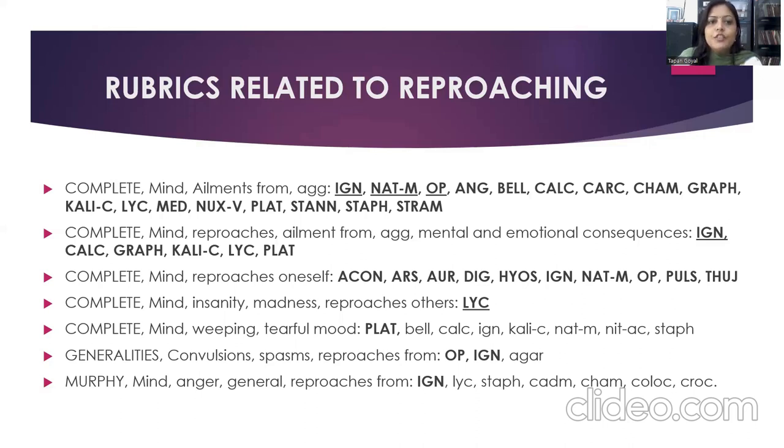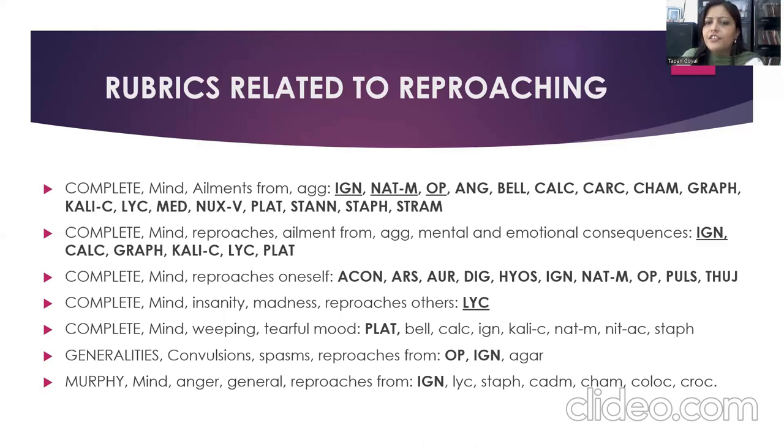There is another rubric, Mind, reproaches oneself, meaning the person is reproaching himself or herself. In high grade, we have Aconite, Arsenic, Aurum, Digitalis, Hyoscyamus, Ignatia, Natrum muriaticum, Opium, Pulsatilla, Thuja. Then we have Mind, insanity, madness, reproaches others.